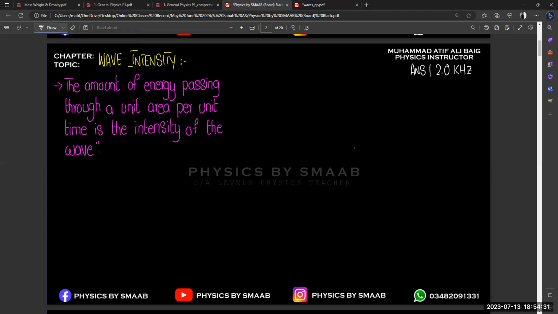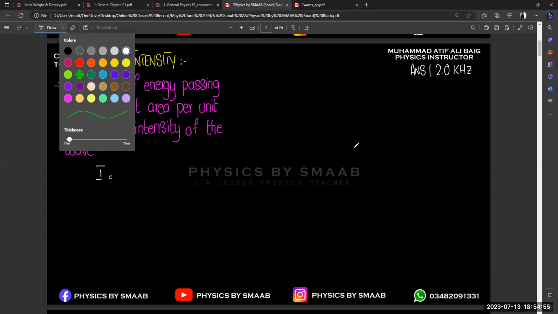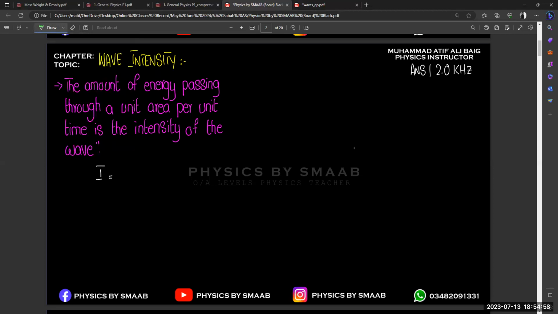So if I write intensity, the very first thing in the definition is energy per unit time. E over T is the power. Then energy passing through a unit area, where area is the amount of area through which it passes.